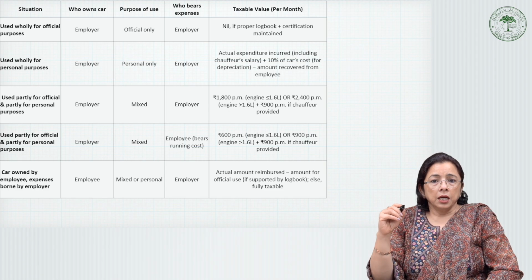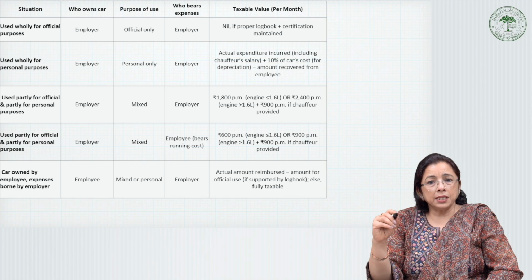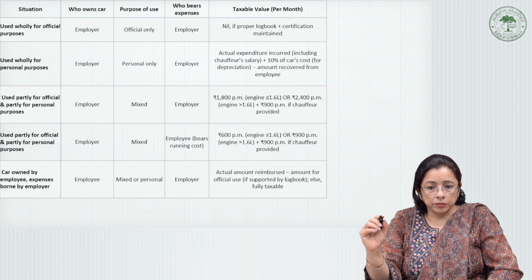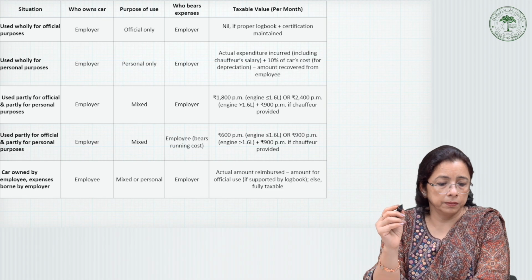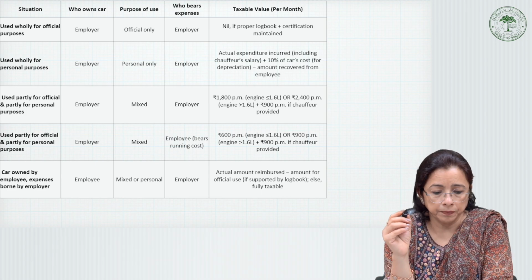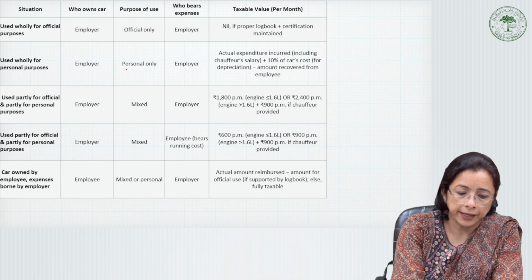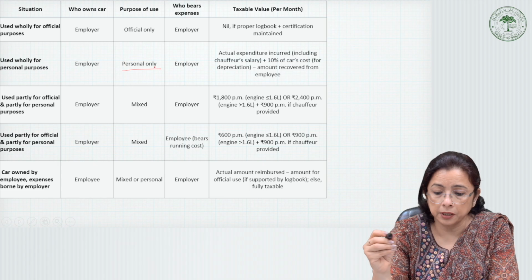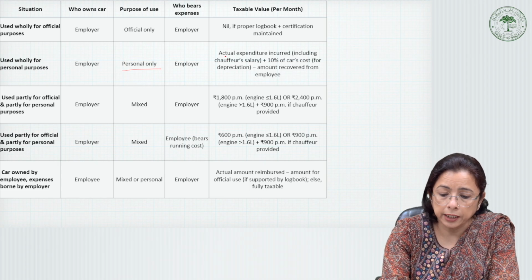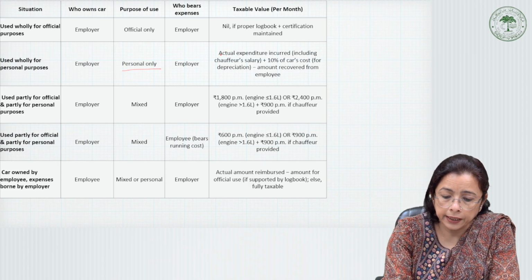The first is the actual amount of expenses incurred on the running and maintenance of the car. That is when it is for only and only personal use, then the actual expenditure is taken.